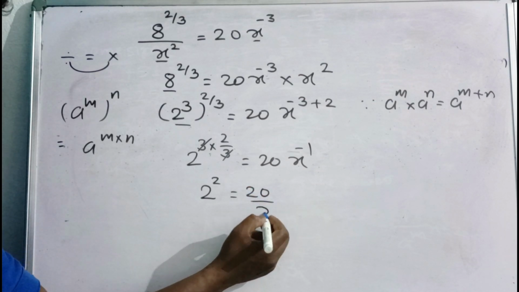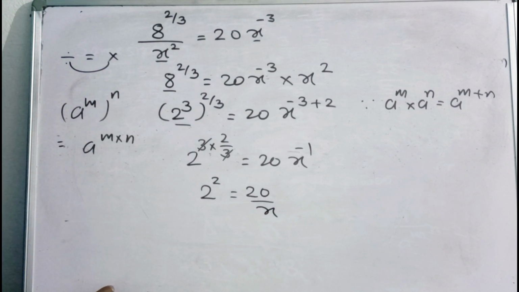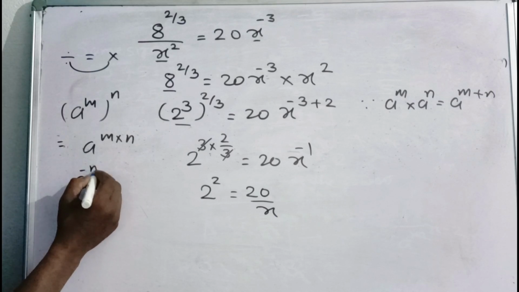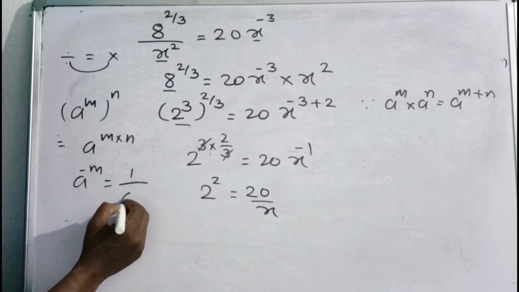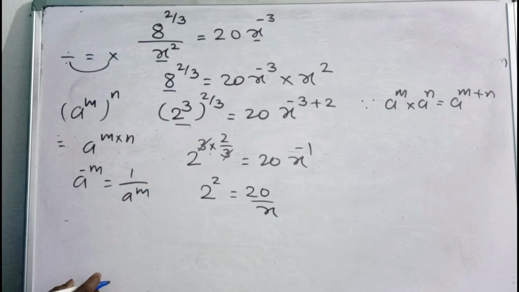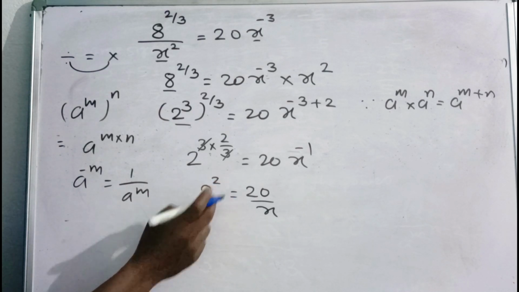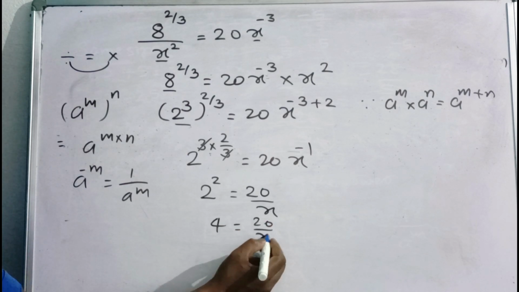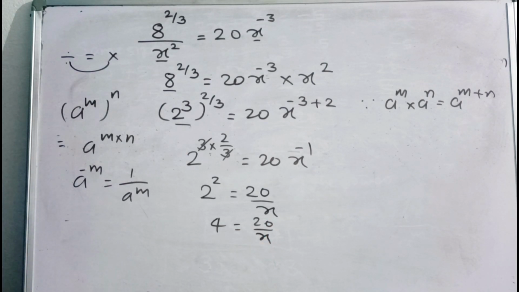divided by x. Why is it divided by x? A raised to the power minus m is nothing but 1 upon a raised to the power m. 2 square 4 is equal to 20 divided by x.